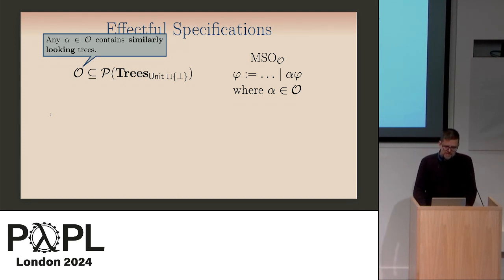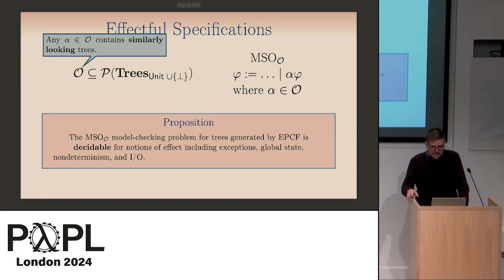And so MSO parametric on big O is then an extension of MSO in which you can check programs against each possible modality alpha in big O. And this way we can prove that the MSO parametric on O model checking problem for trees generated by EPCF is decidable for certain effects. For example, for global state, exceptions, non-determinism, IO, and combinations of them.